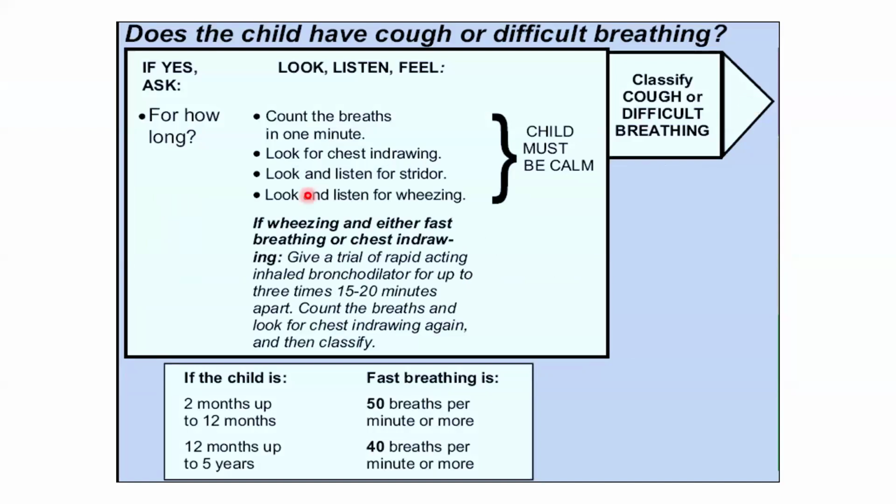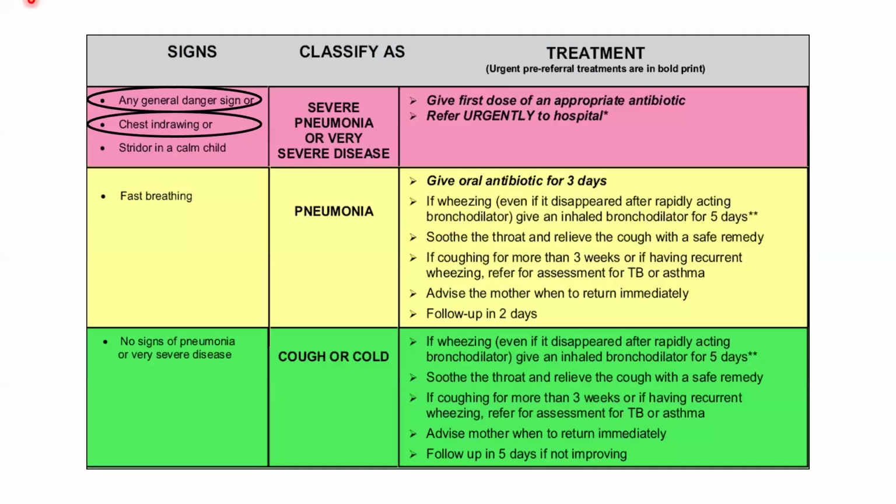Any child between 2 to 12 months, if the respiratory rate is more than 50 per minute, has fast breathing. This child has cough and difficulty in breathing, and also has chest indrawing. Any child who has general danger signs, chest indrawing, and fast breathing is considered as severe pneumonia or very severe disease.